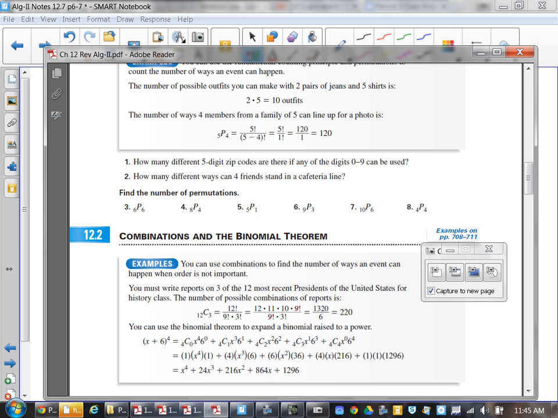So there are 10 digits, you're choosing 5, so it's 10 permute 5, since order matters.